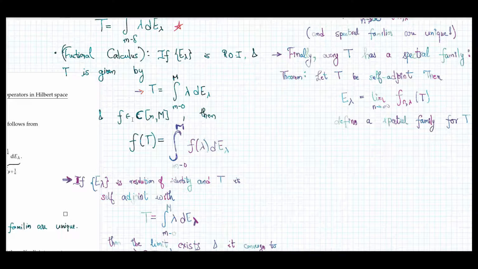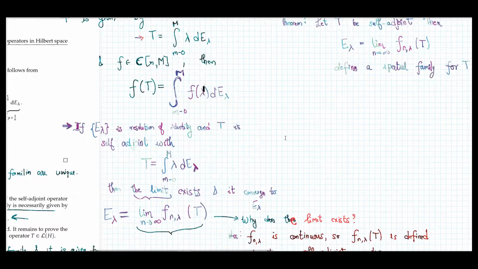And then I say that if E lambda is a resolution of an identity and T is self-adjoint with this formula, then the limit exists. Which limit? This limit, the limit given in this formula. We say that the limit exists and it converges to E lambda.